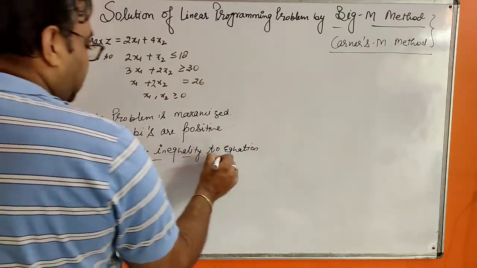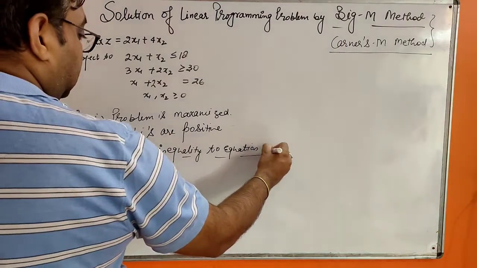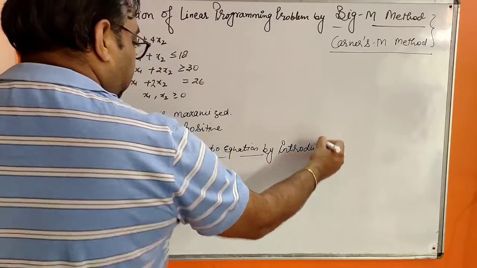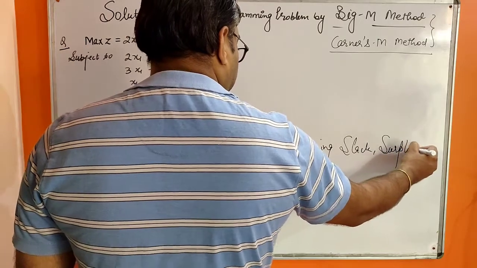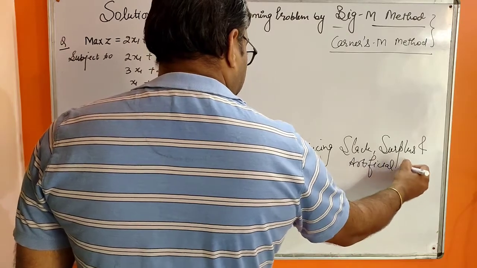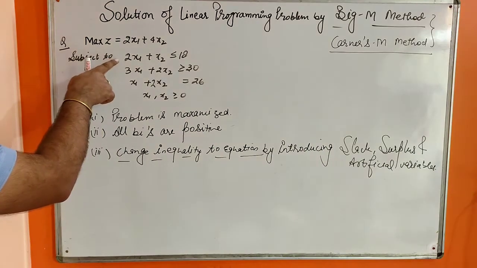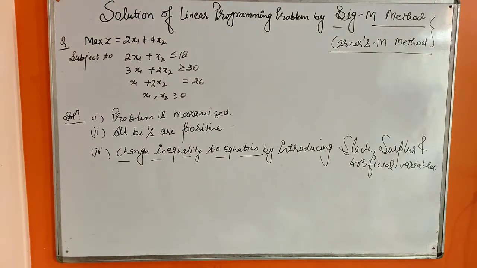By adding or subtracting slack, surplus and artificial variables, that is, by introducing slack, surplus and artificial variables. In the first inequality there is only a less than or equals to sign, so we only add a slack variable.